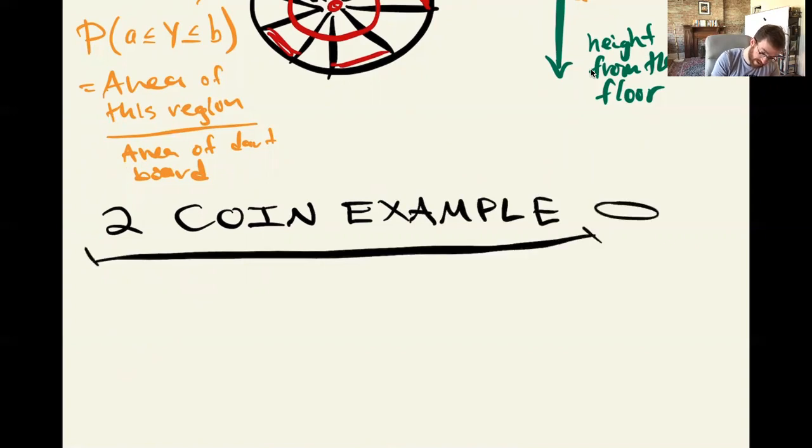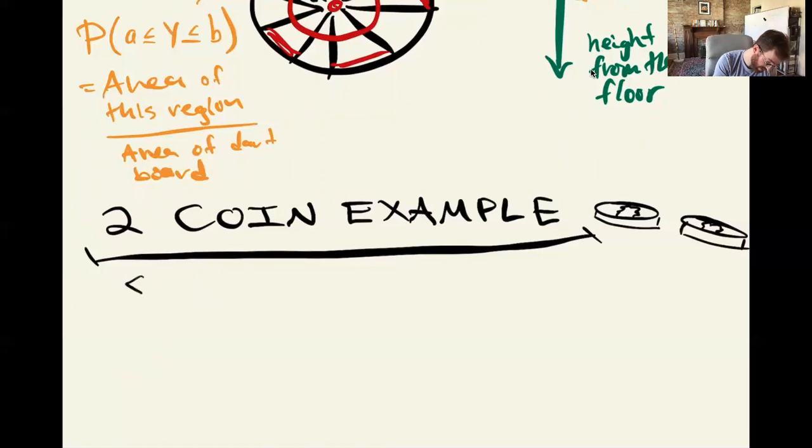And the basic idea here is we've got these 2 coins. Maybe we've got George Washington's face on this one. And we're going to assume that these are fair coins. So probability of heads or tails is a half for both of them.